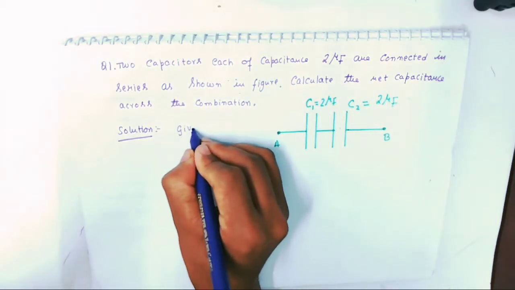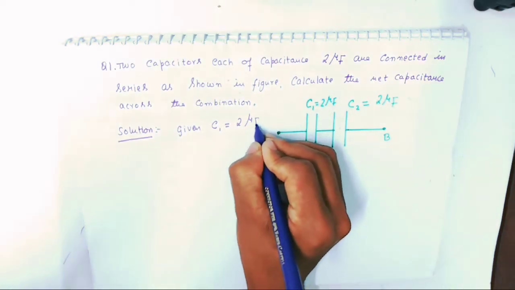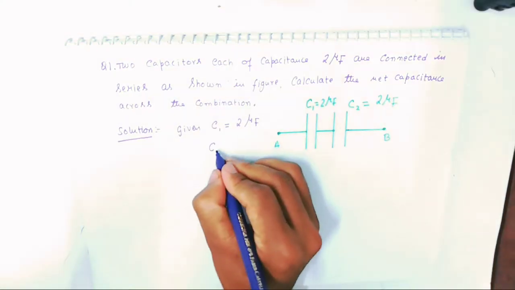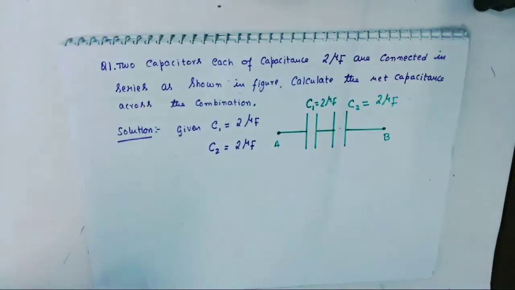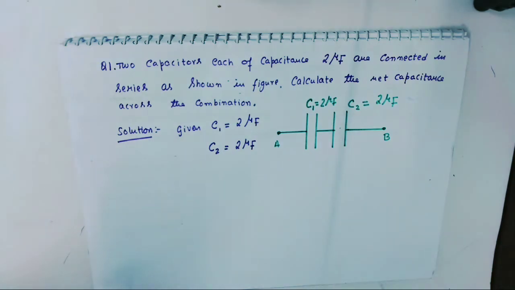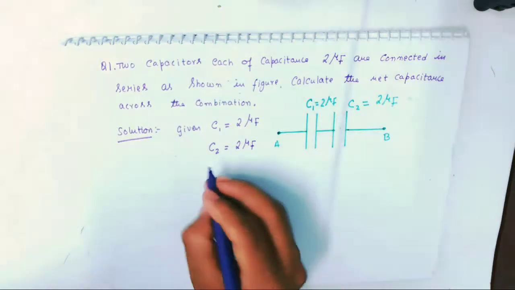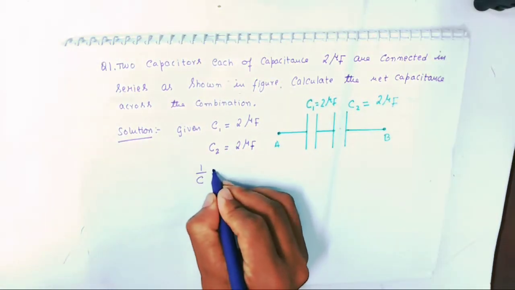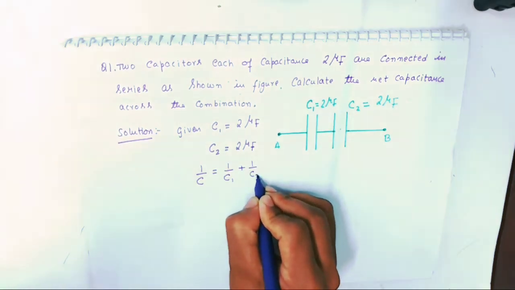Given C1 equal 2 microfarad, then C2, this one is 2 microfarad. So since C1 and C2, they are in series, so the net capacitance can be calculated by using this formula, 1 by C1 plus 1 by C2.